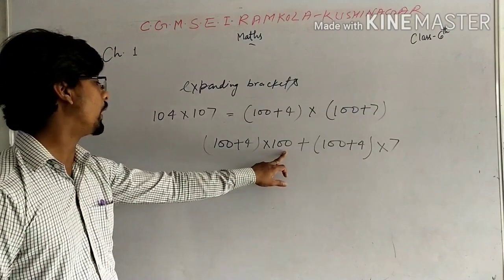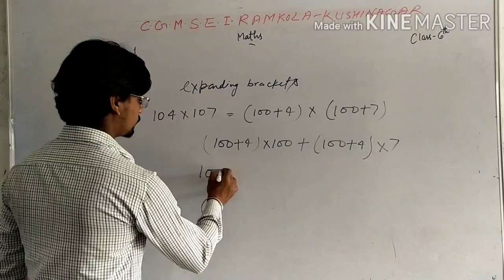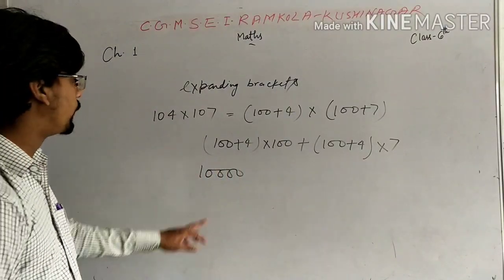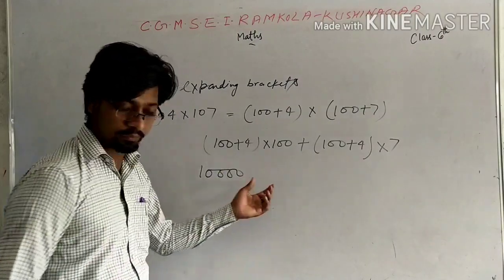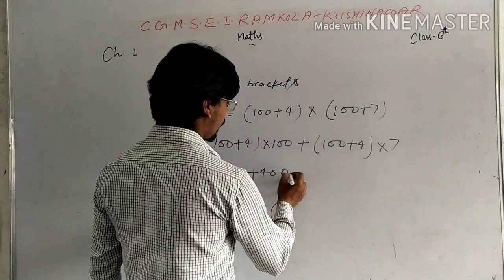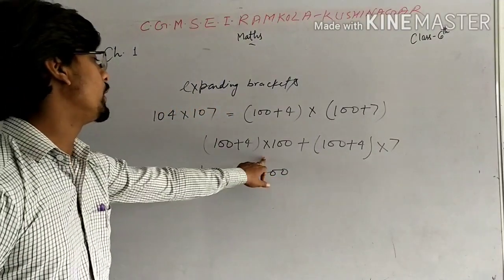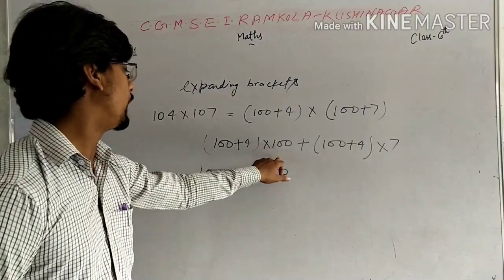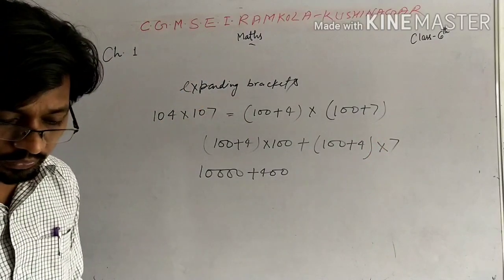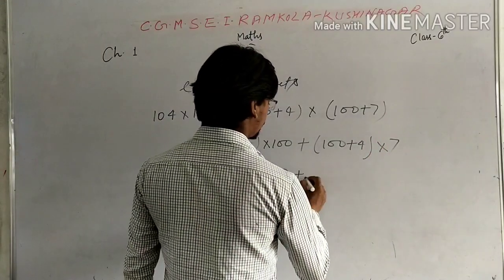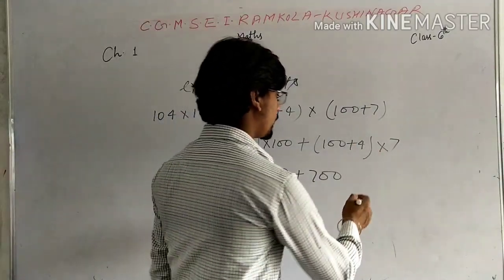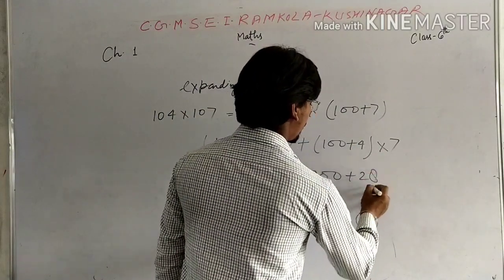Now 100 into 100 is equal to 10,000. 4 into 100 is equal to 400. 100 into 7 is 700, plus 4 into 7 is equal to 28.